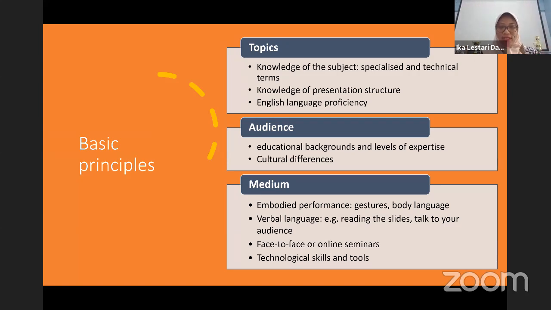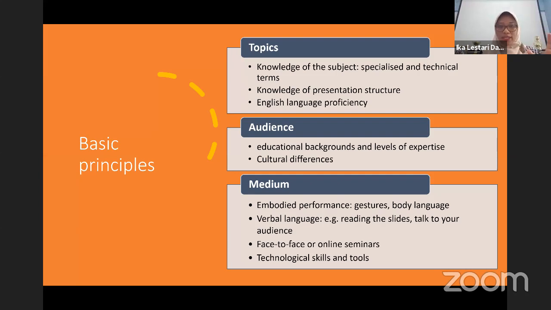And then the second one is audience. We need to know the audience of our presentation, whether we talk to people who have equal knowledge, for example our colleagues or friends in university, or if you are still studying, maybe your friends and classmates, or whether you present your research proposal to your examiners who have a higher level of expertise.